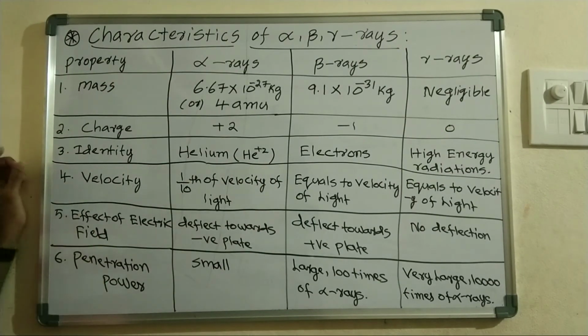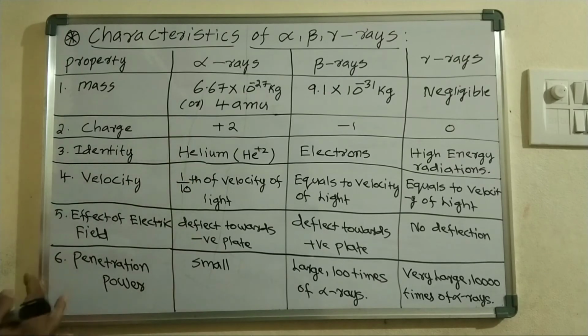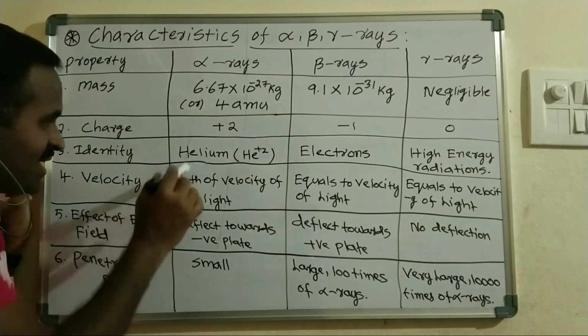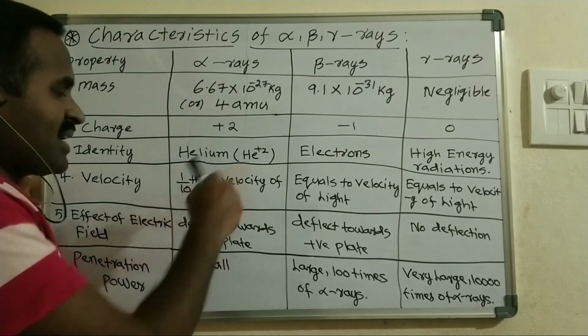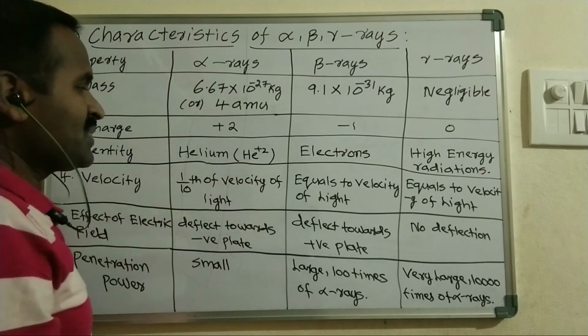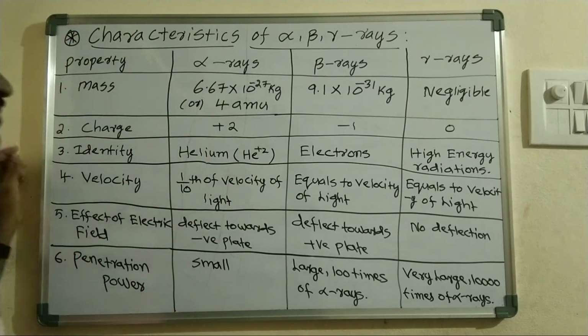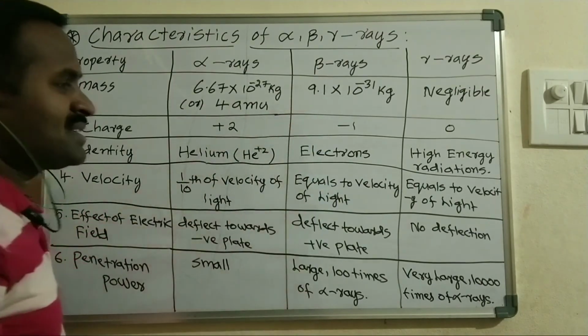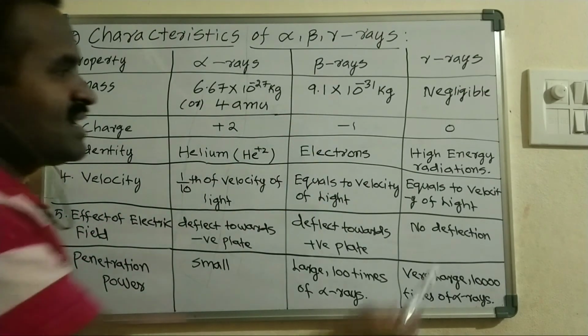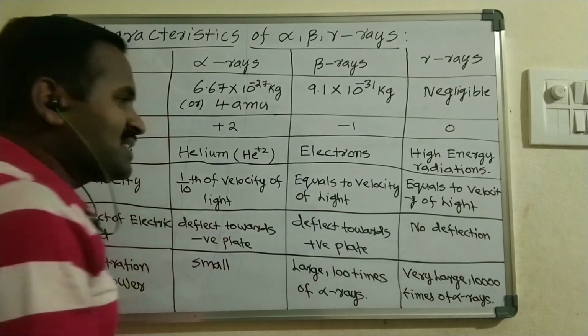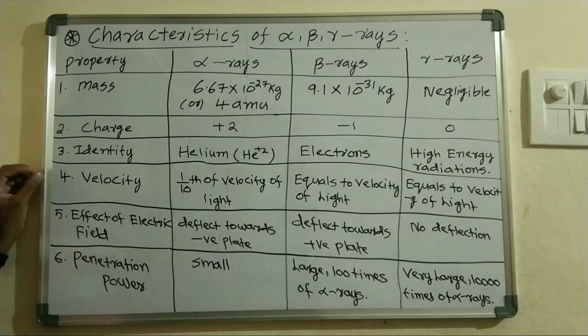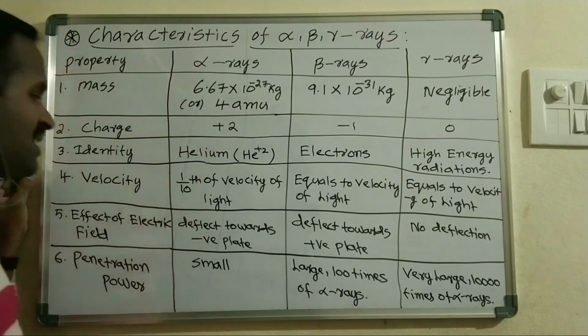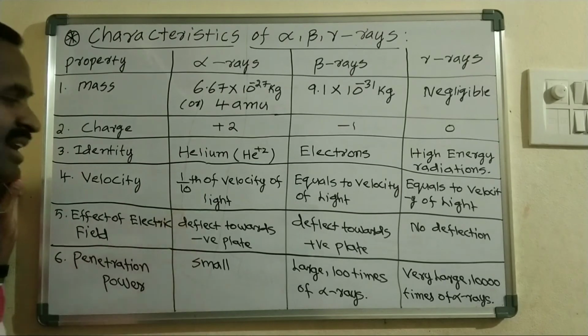Next, the identity of the different rays. Alpha rays are doubly charged helium ions, beta rays are electrons, and gamma rays generally consist of high energy radiation, right? The next property is velocity. The velocity of alpha rays is 1/10 of the velocity of light.